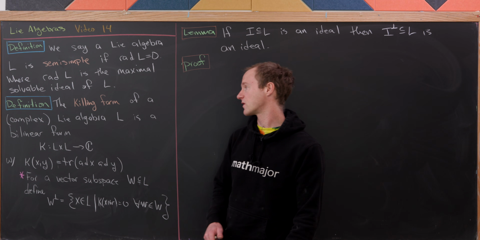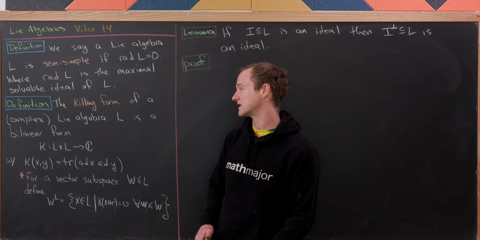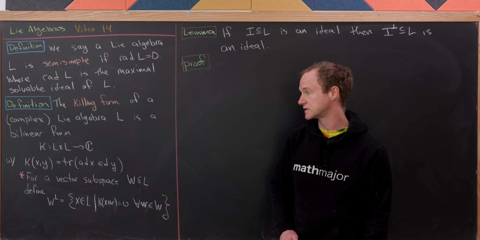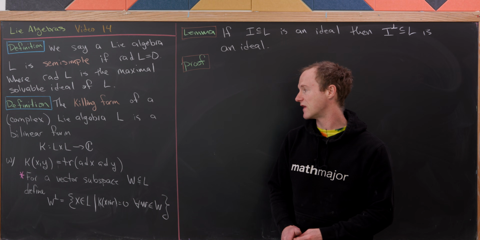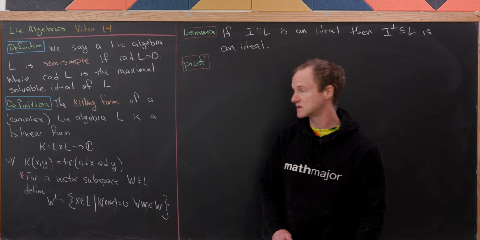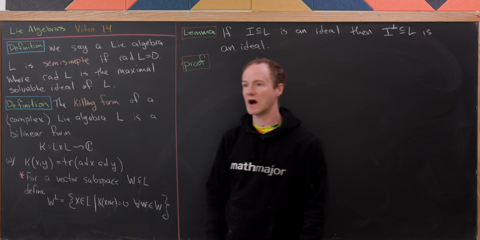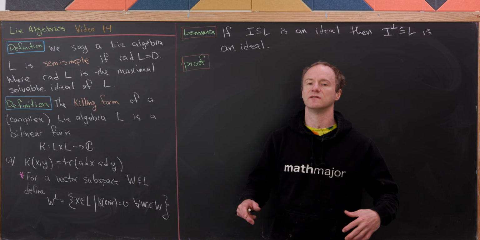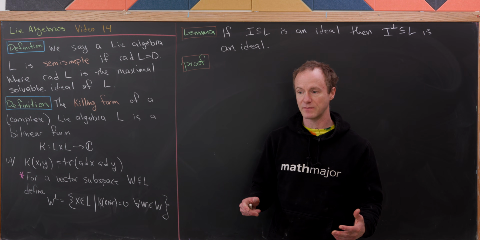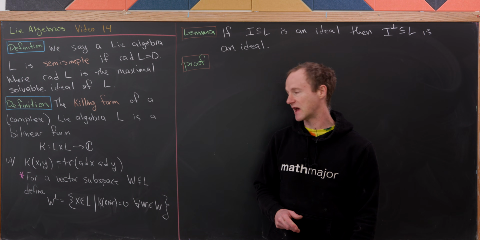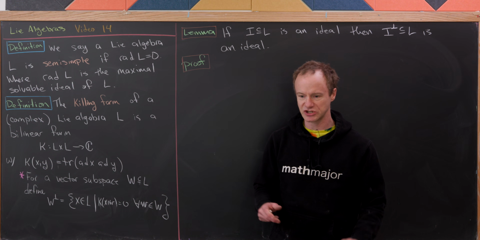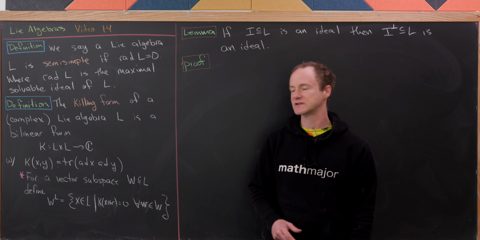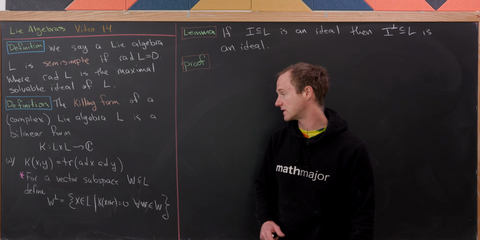The Killing form of a complex Lie algebra L is a bilinear form kappa from L cross L to the complex numbers, defined by kappa of x, y is the trace of ad x, ad y, where of course those are the linear transformations on L as a vector space determined by the adjoint action of x and of y, which has to do with the bracket of x with something else or the bracket of y with something else. So we looked at that in the previous video.